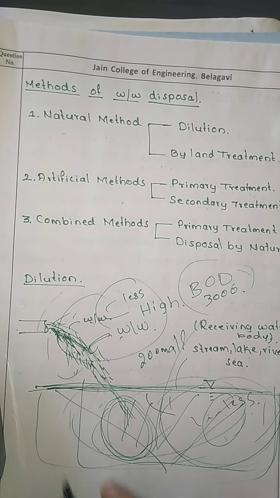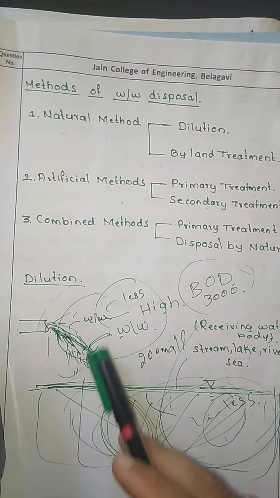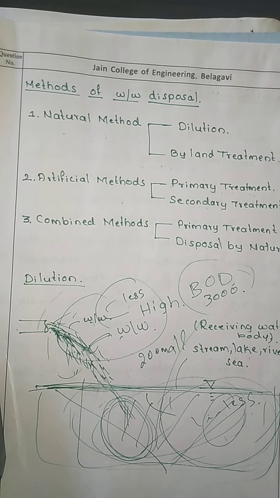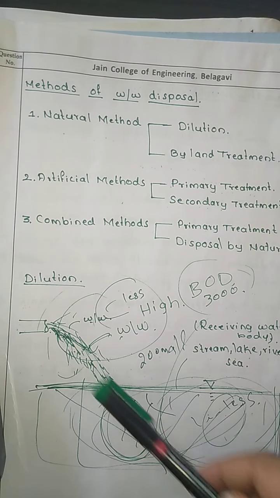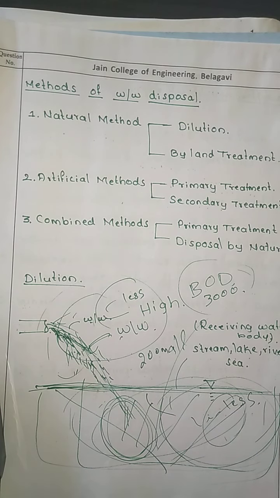So this is going to happen when you have dilution. You mix the smaller quantity of wastewater with the larger quantity of a receiving water body, either a stream, lake, or river, in order to reduce the concentration of the wastewater coming from industry, drainage, or any of the sources.